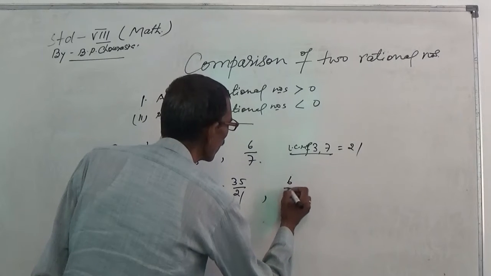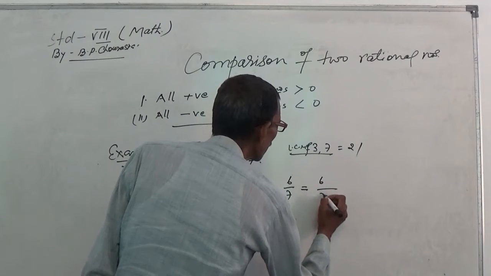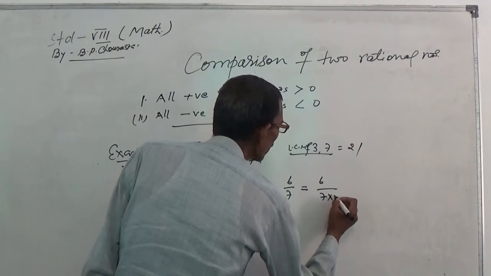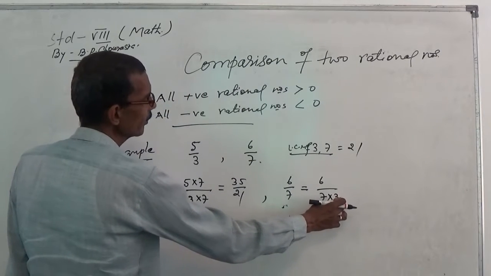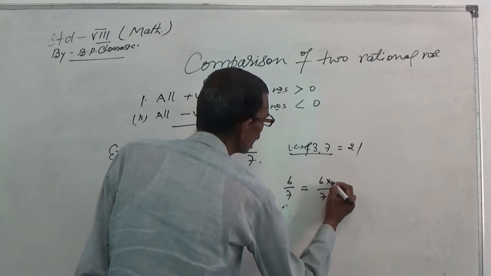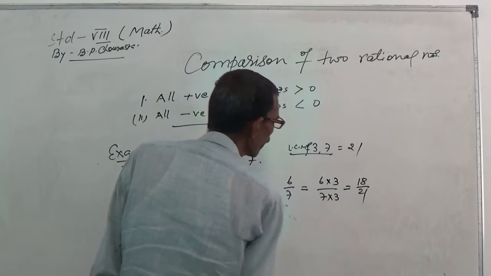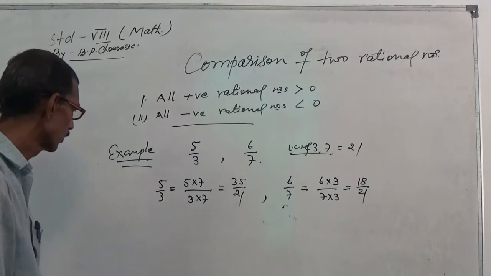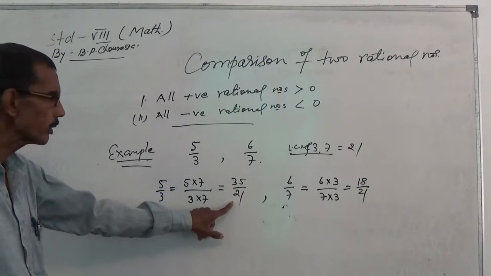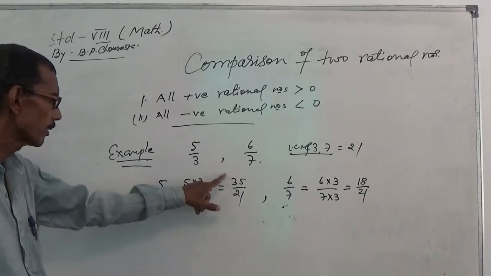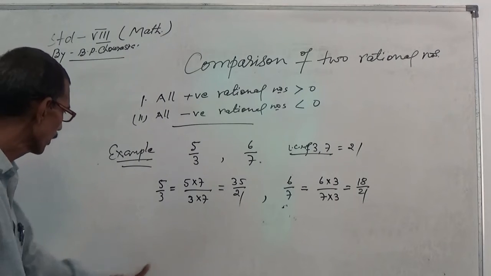And 6 by 7 is equal to, multiplying numerator and denominator by 3, you can easily get denominator as 21. 6 into 3 is equal to 18 by 21. 5 by 3 and 35 by 21 are equivalent fractions.